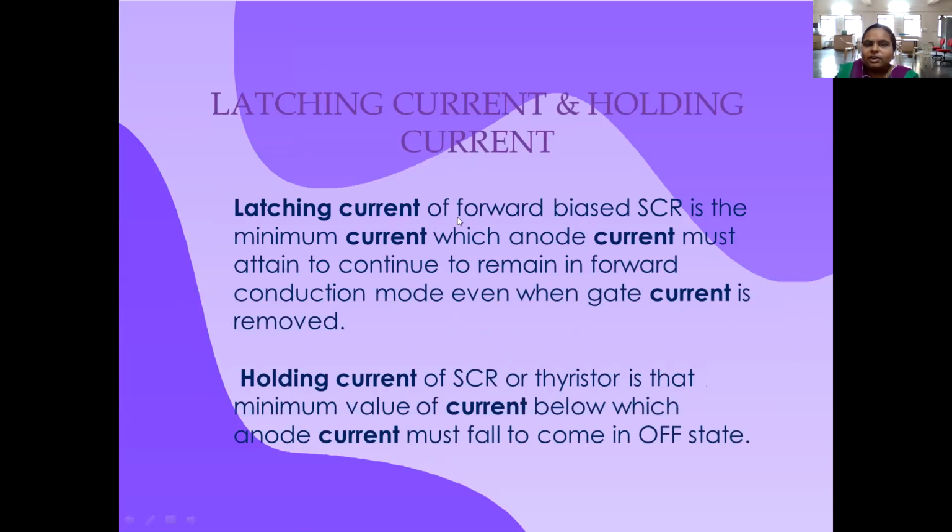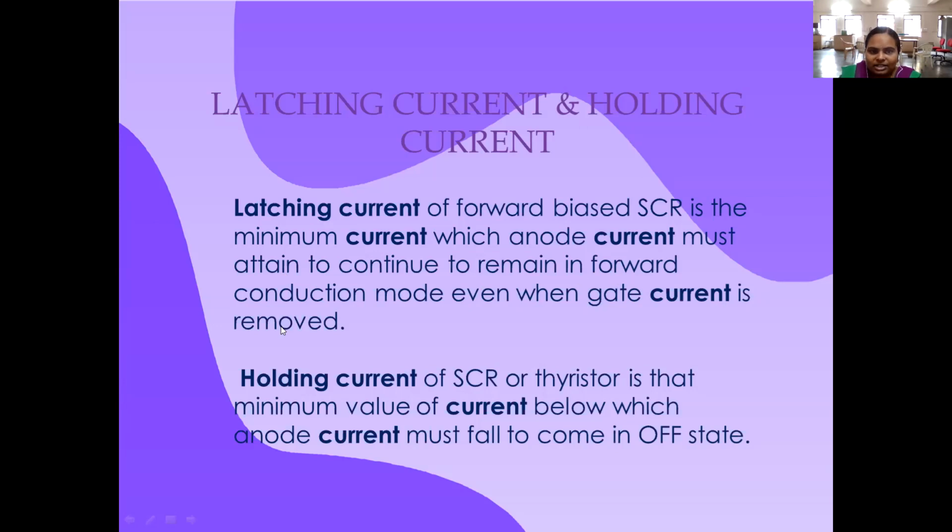Latching current of a forward biased SCR is the minimum current. Observe here, the minimum current which the anode current must attain to continue to remain in forward conduction mode even when gate current is removed.